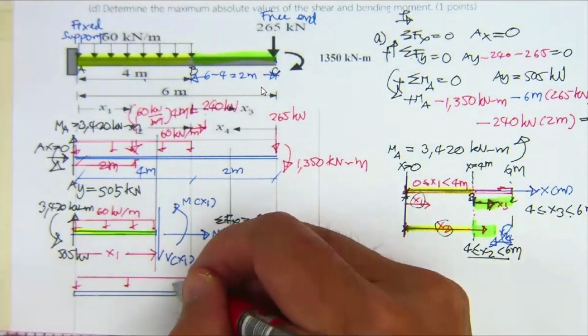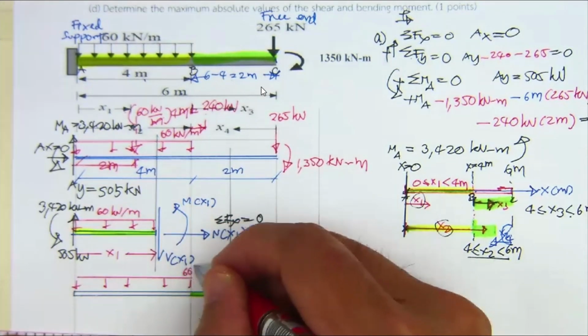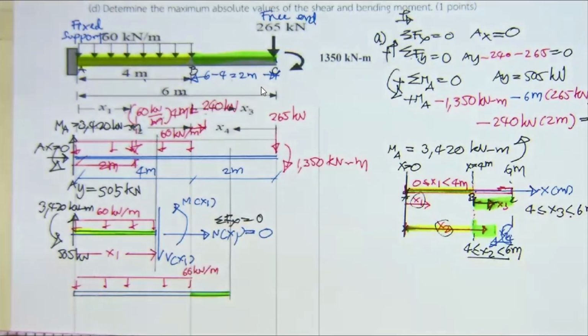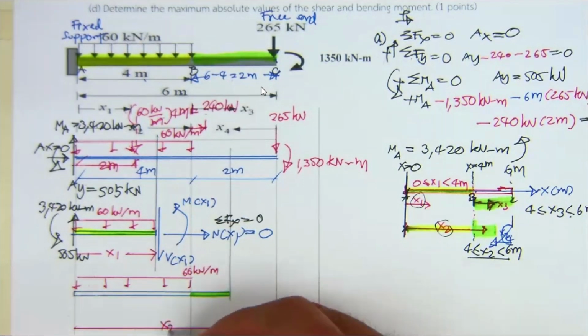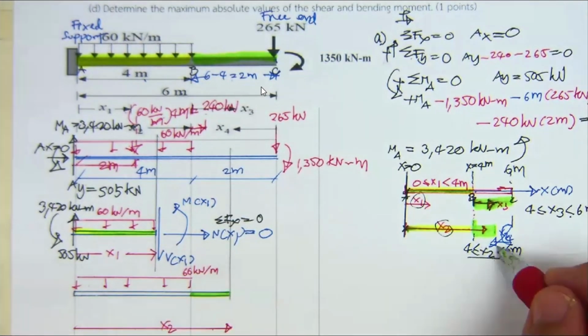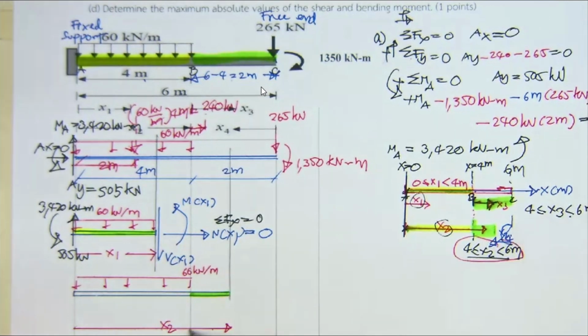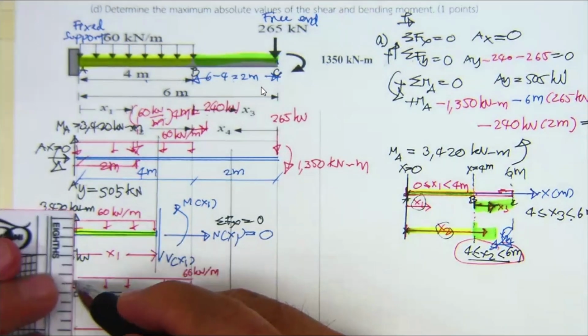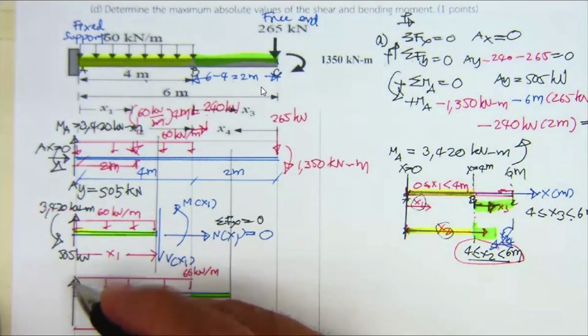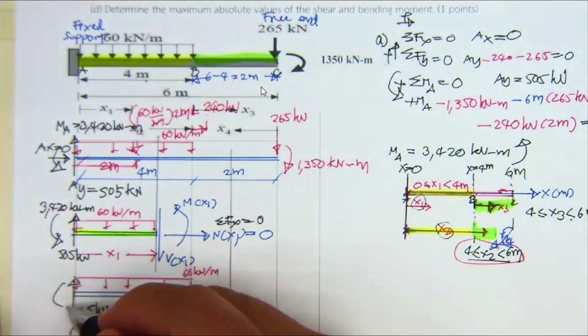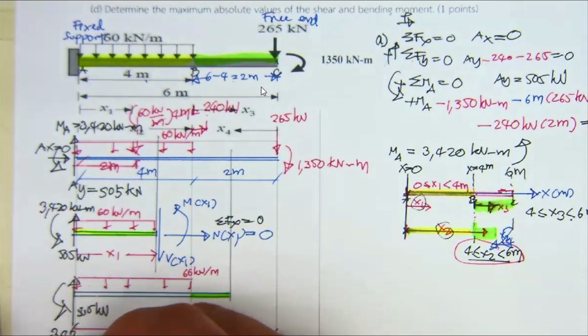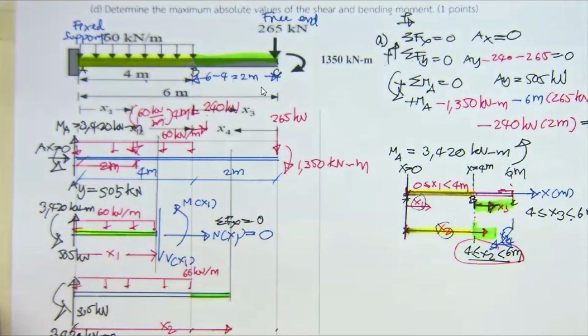This is going to be your 60 kilonewton per meter. Now, we have this one for our x2, but our x2 starts from 4 to 6. Okay. That's going to be the coordinate of this one. And again, this is going to be 505 kilonewton, and the moment here is 3,420 kilonewton meter.